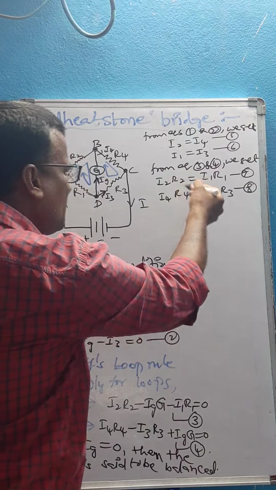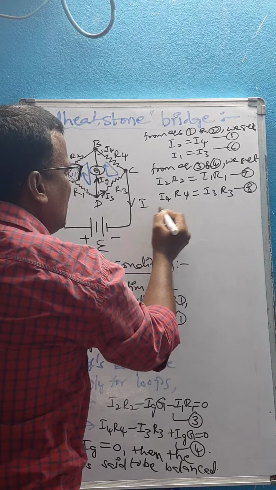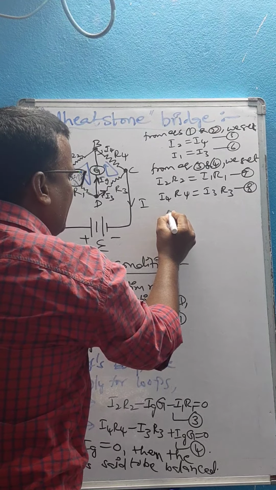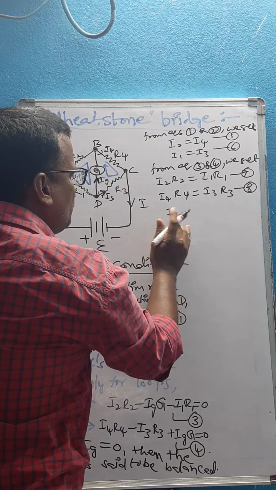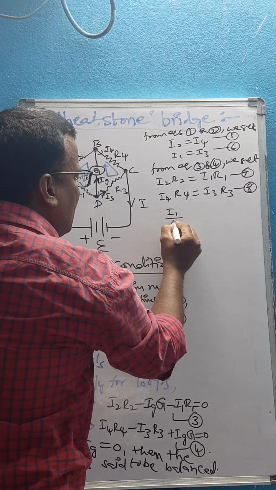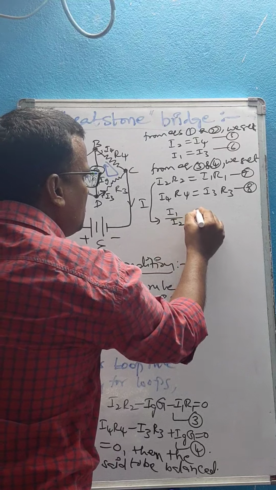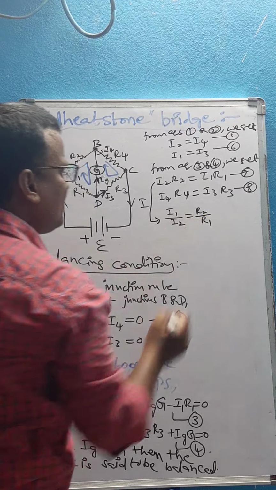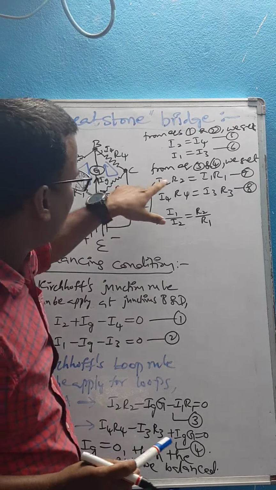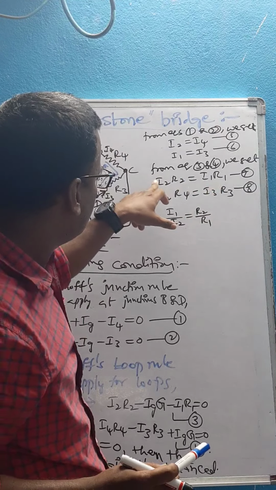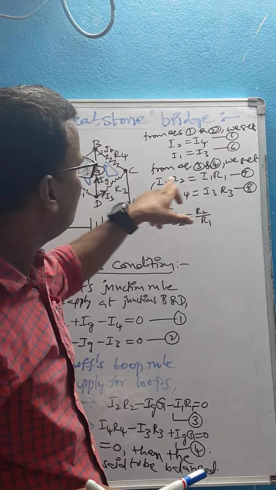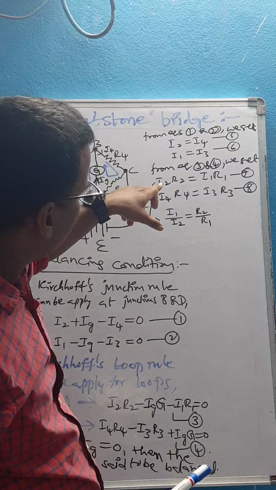From this equation, I1 by I2 equal to R2 by R1, right? Here I2 goes to the right side and R1 goes to the left side.